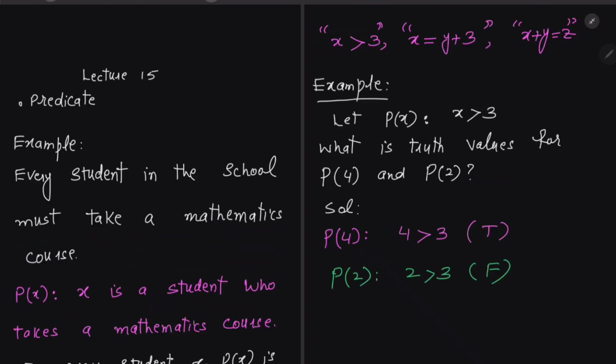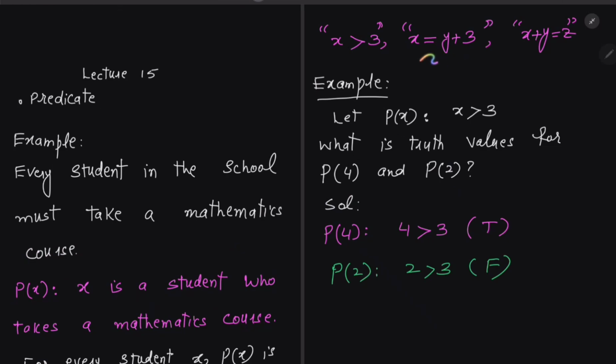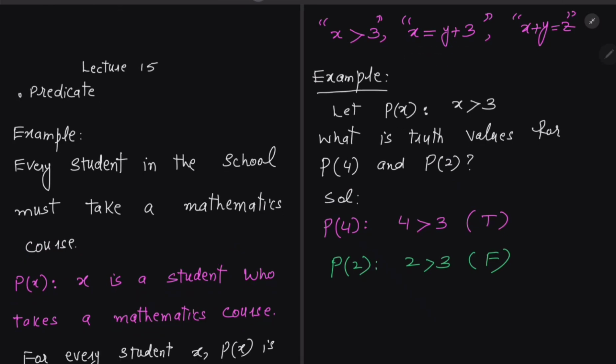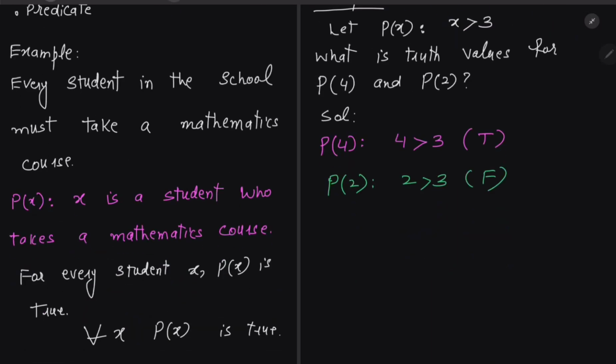But sometimes it happens that we have not only one variable, but we also have two variables. Suppose we have two variables. Another example: suppose we call a statement x is equal to y plus 3, and we want to check whether this statement is true or false for some values of x and y.